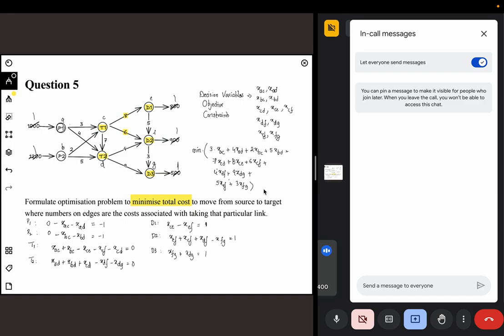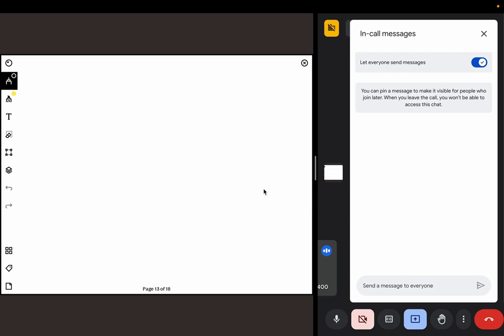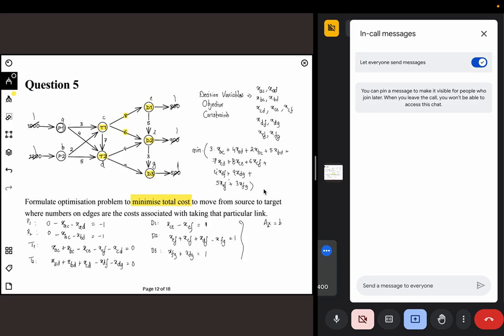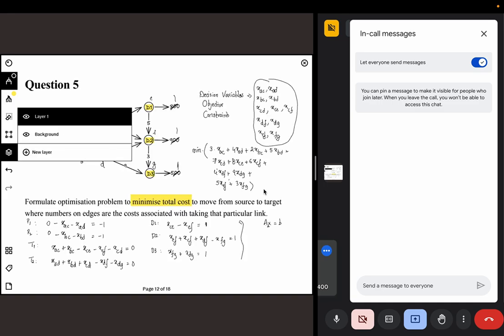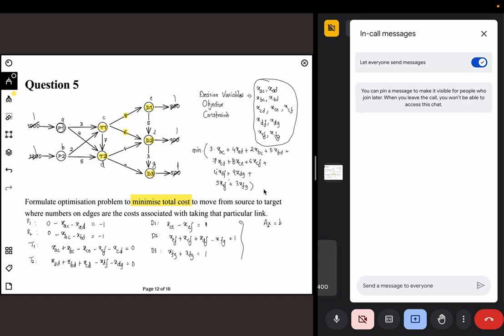Now if you see, all these equations are linear equations in your variables. So you can construct them as a matrix. All of these equations you can write as Ax equal to B, where your X is all these variables written down as a column vector. So if I write down X, X will be all these variables.